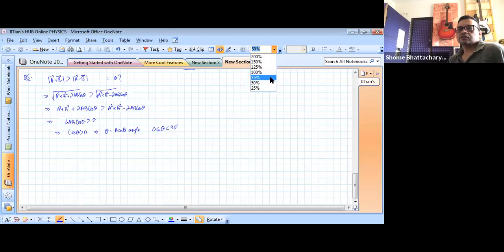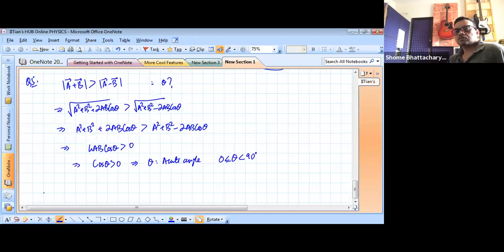Which you can also remember in this form, in other words, you can also understand it this way: if theta is between 0 and 90, okay, then A plus B has a magnitude greater than A minus B, which is the thing we've just seen. Okay.